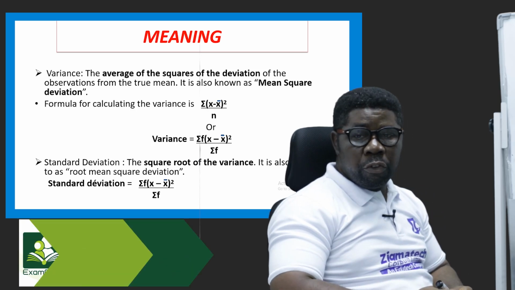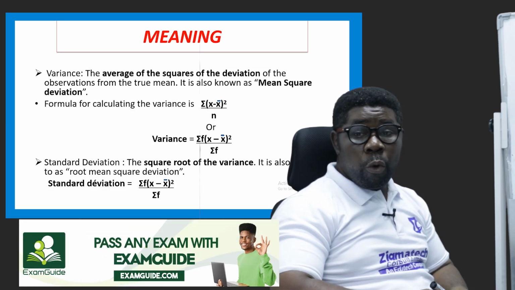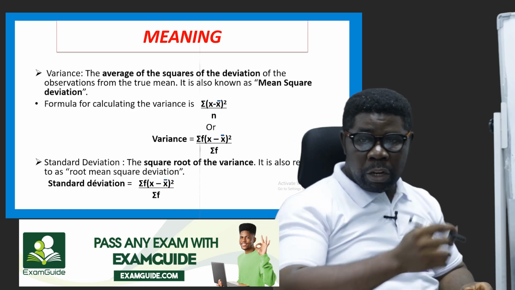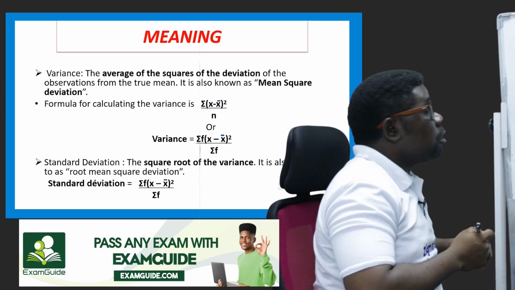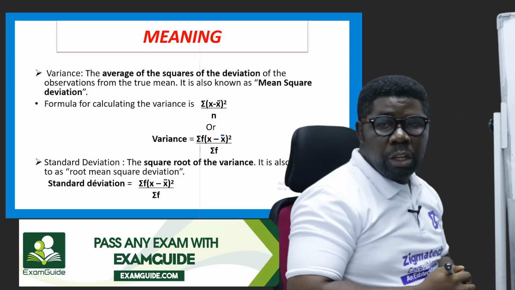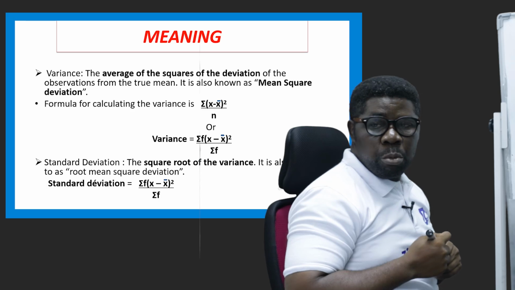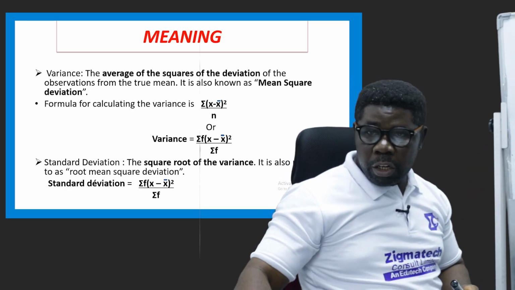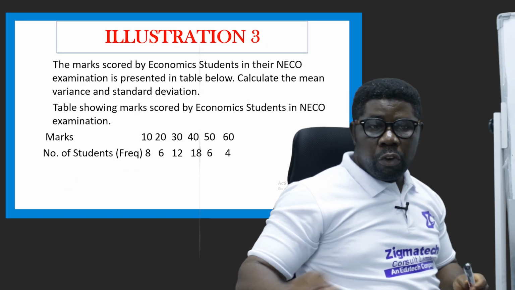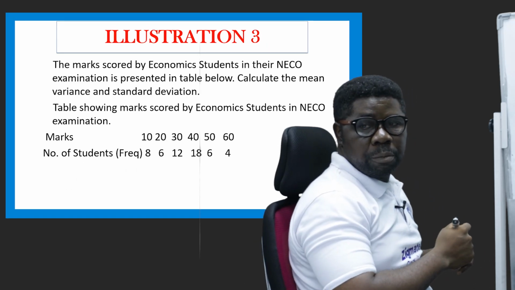Sorry, the one you see for standard deviation, I'm supposed to have a square root on it, but it's a mistake on my part. We're going to add it when we have it on the board. So we're going to have the mean for group data, already shown before. We already used it to solve the first part, so we're going to solve accordingly. This is for group data.